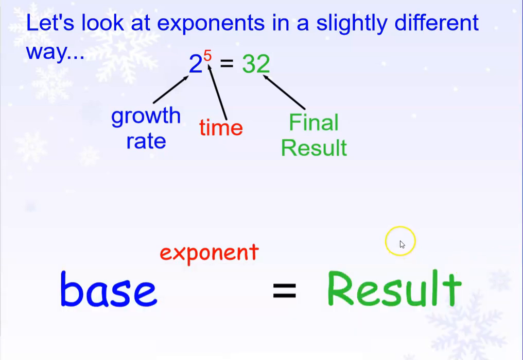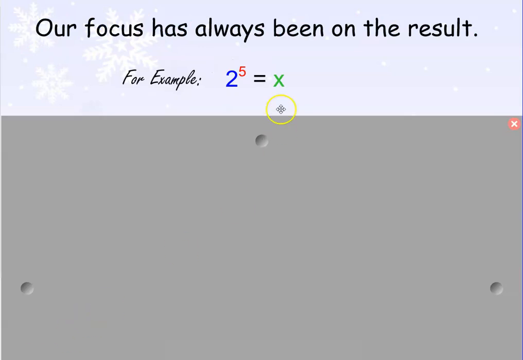If we throw our vocabulary into the way we set this up, the base number is raised to the exponent, and it gives us a result. We're going to look at things in a different light, though. But let's dig into what's going on, first of all, with exponential functions.